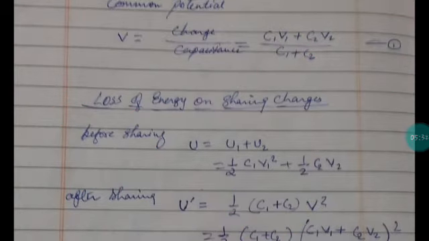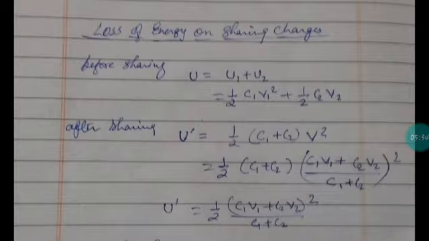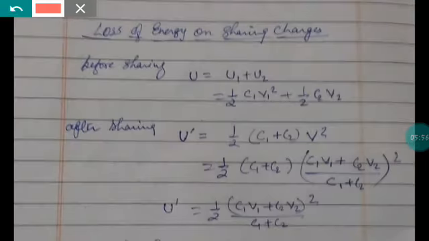So we will see here, when charged capacitors are connected in parallel, they also lose some energy. Before sharing the charge, that is, initially when a capacitor is not sharing its charge with the other capacitor, the total energy is U1 plus U2, the energy stored in the first capacitor plus the energy stored in the second capacitor.